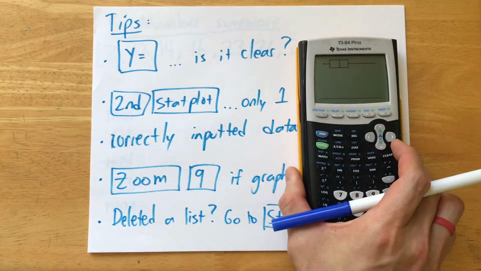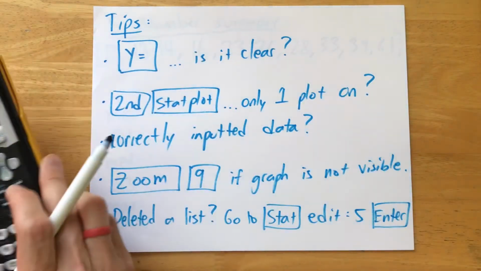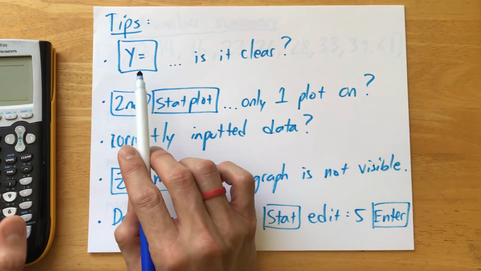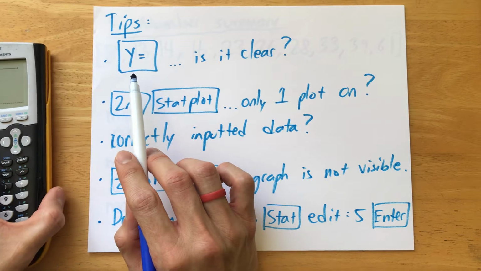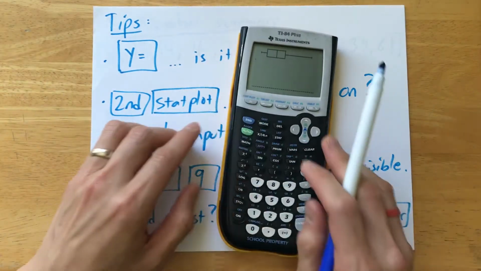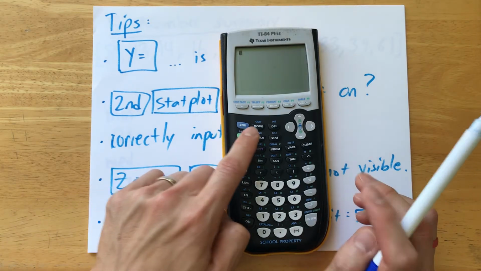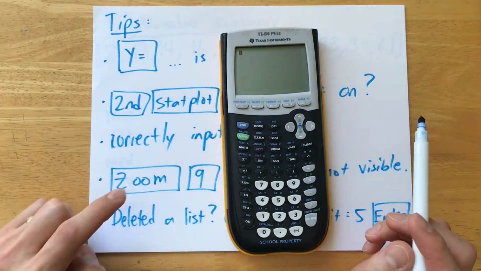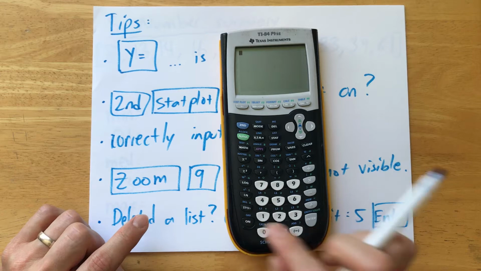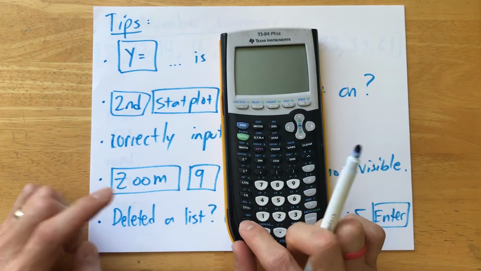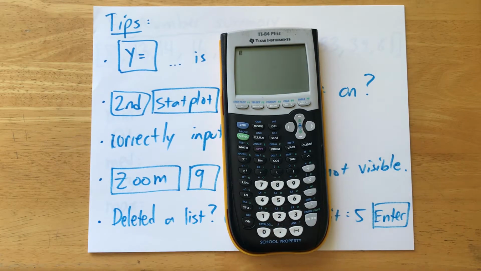So just some tips when you're doing this. Make sure that in your graph, you only have one thing graphed. To clear it out of something, you have to quit. So you just go second, quit, or a lot of students just like to turn it off and then turn it on. Sure, I guess that works as well.